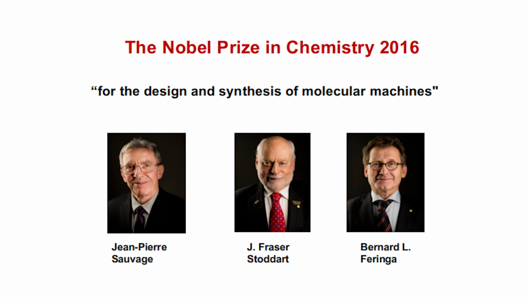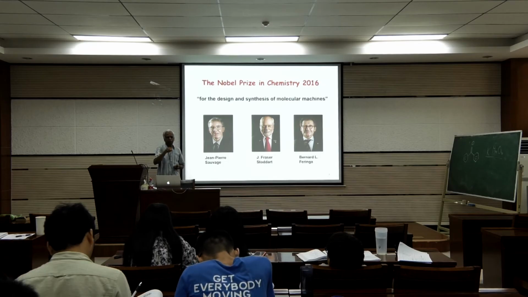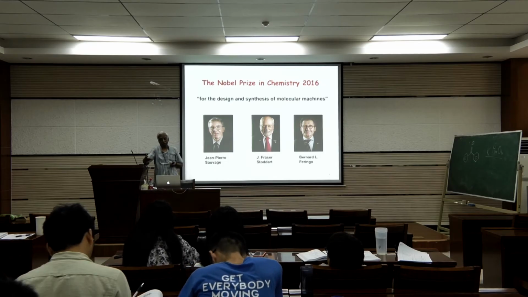If you have a small molecule, it always sits around. It doesn't do anything. It cannot walk. But these people, with the help of light, made this molecule walk around. If you have 1, 2, 3 molecules, one can move faster than the other one.